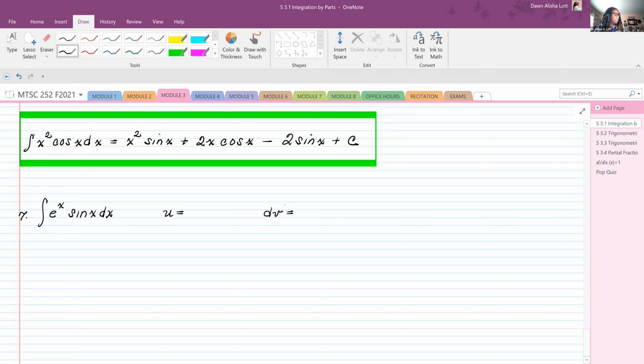I just have e to the x, and I have sine x. So what I need to do with this problem is I have to pick one, pick u or pick dv. So let's say I like to pick u to be the sine of x.